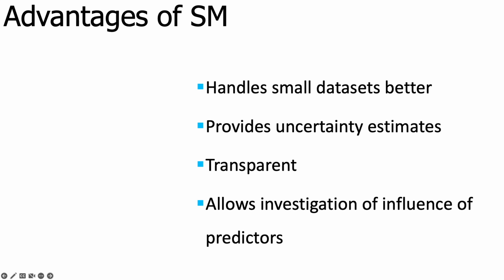Statistical models also allow us to investigate the influence of individual predictors, and being naturally generative models, they allow us to observe how the data would change if certain things were changed. So this is an important advantage.